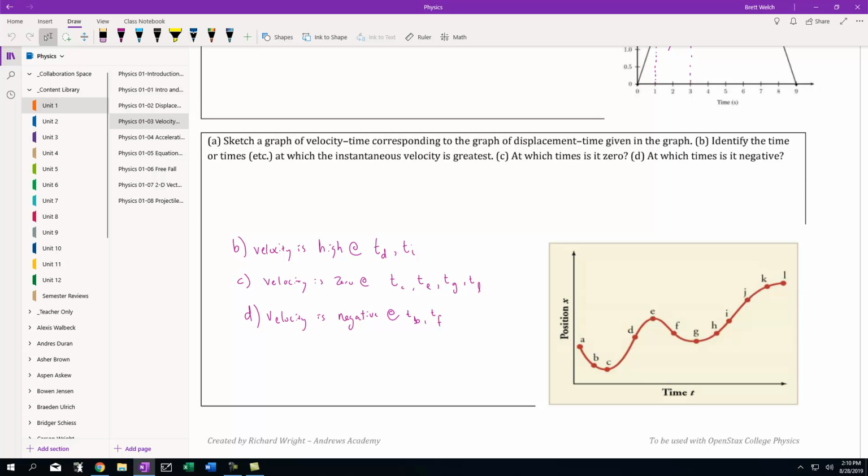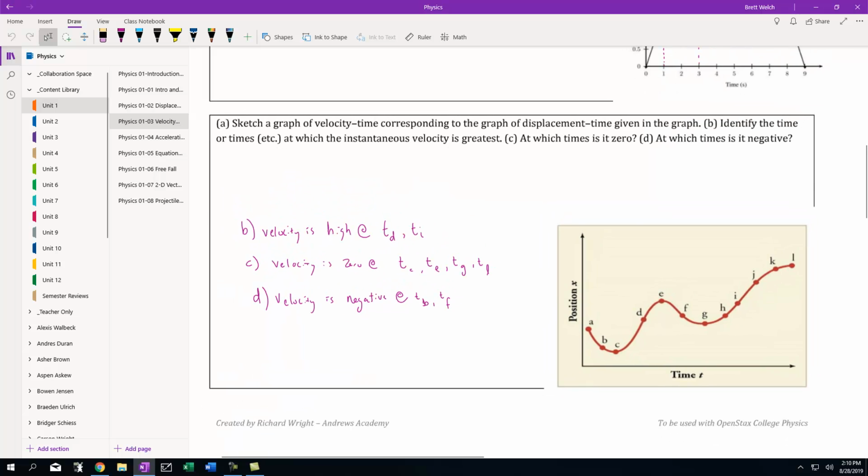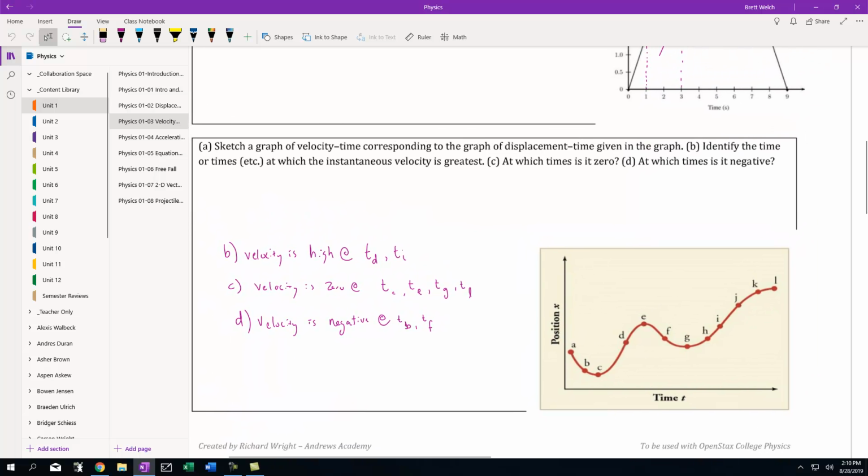And so if I'm looking for a place where the velocity of this graph is high, meaning that it has a very positive value, I'd be looking at places like D, where the graph is trending upward. I is not quite as high, but it is trending up that way.